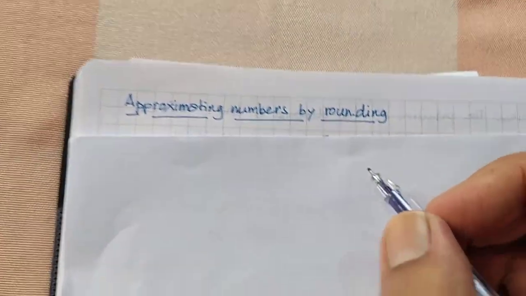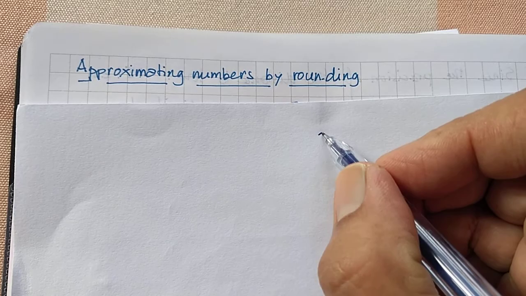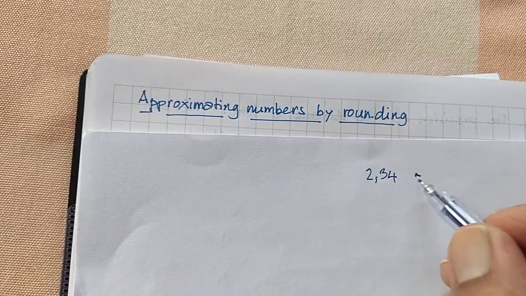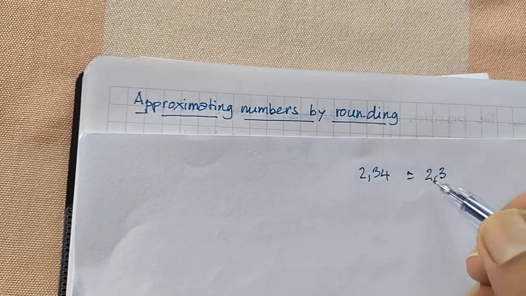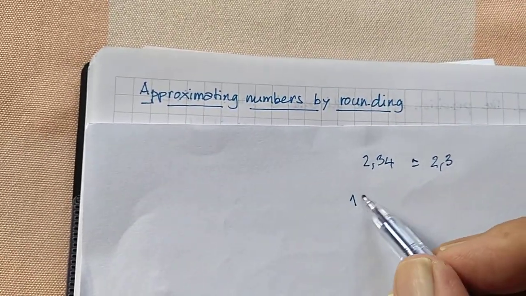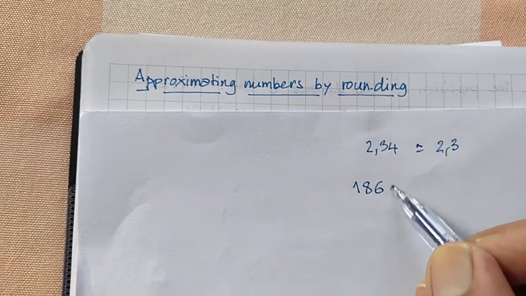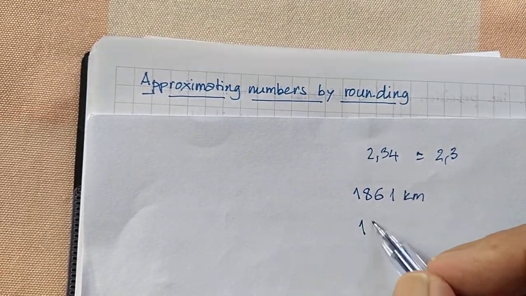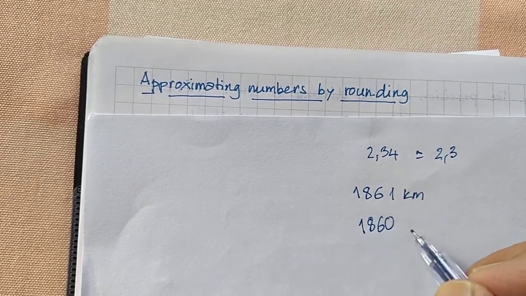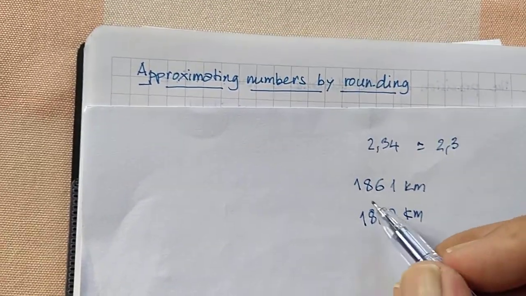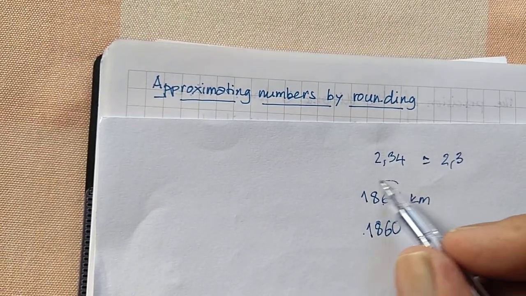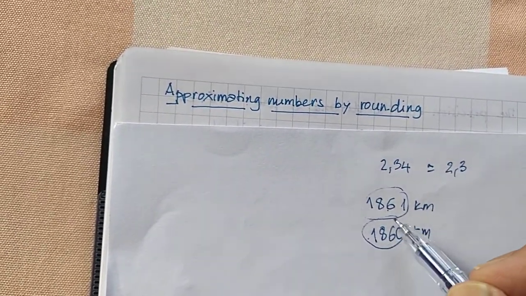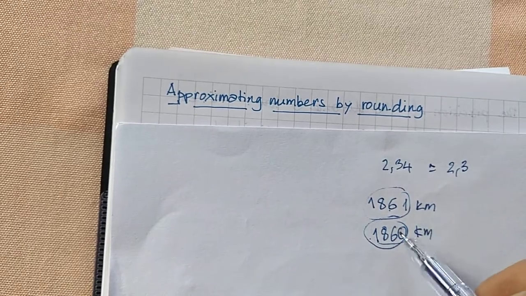So for example, if I write 2.34, you can say this is equal to 2.3. Or if I say the distance between 2 cities is 1,861 kilometers, you could call it 1,860 kilometers, because this number is almost equal to this number. So this number you rounded up to this number, rounded down to this number, or rounded off.